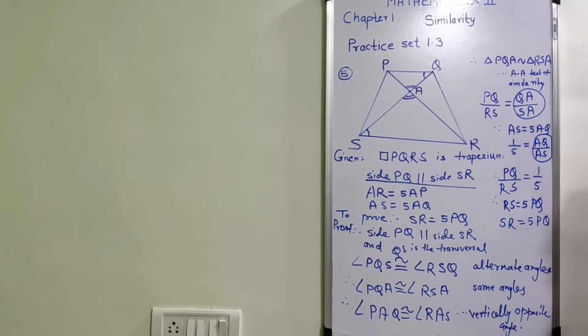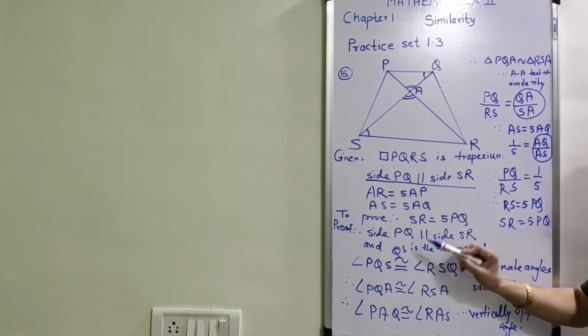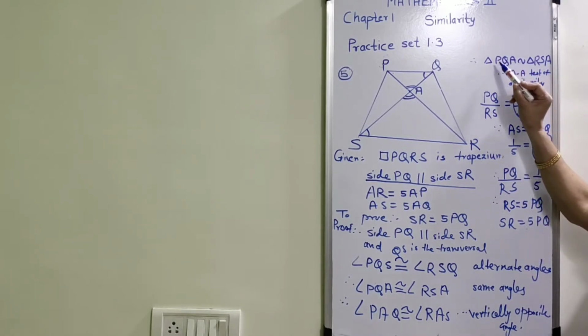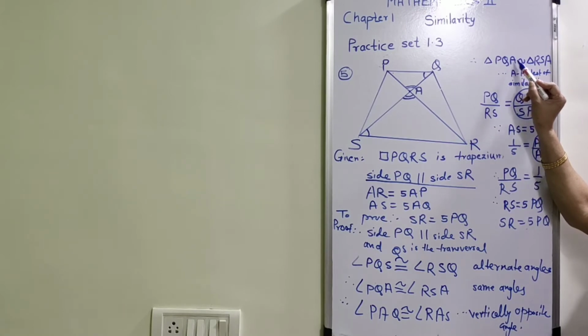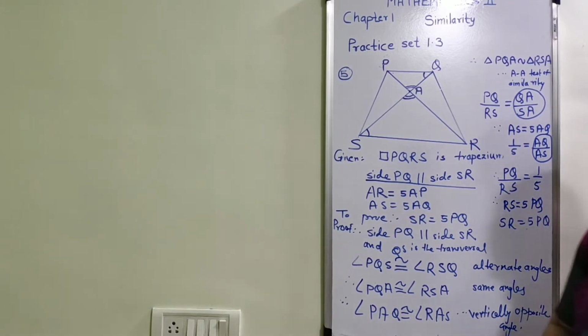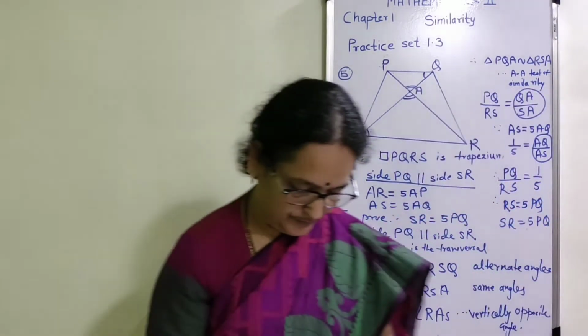Please observe the given example. Here the one-to-one correspondence is very important. When you write the names of the triangles, please write carefully that triangle PQA is similar to triangle RSA. Now we have completed our example number 5.